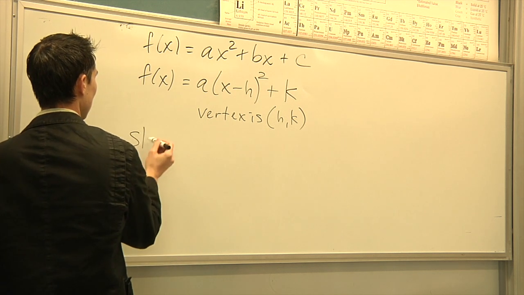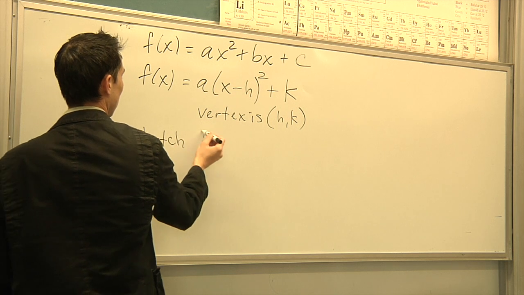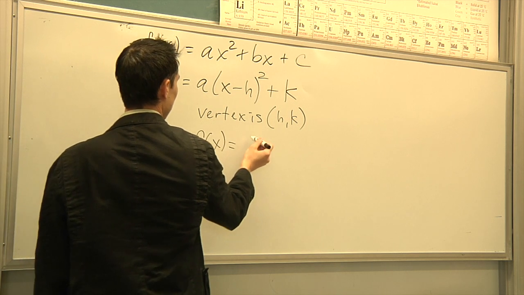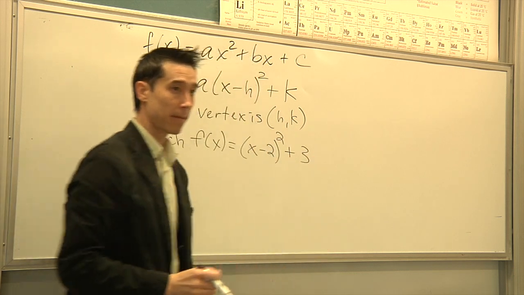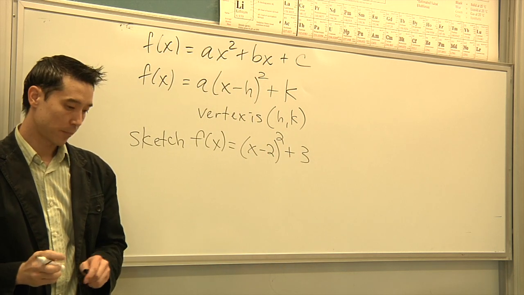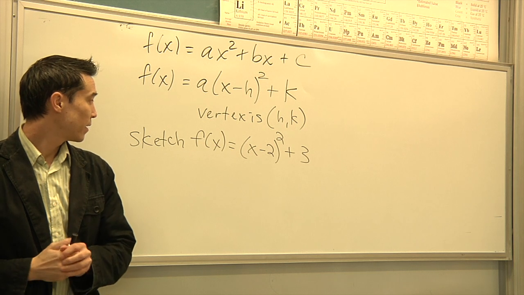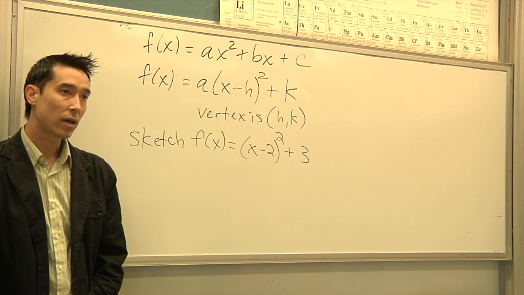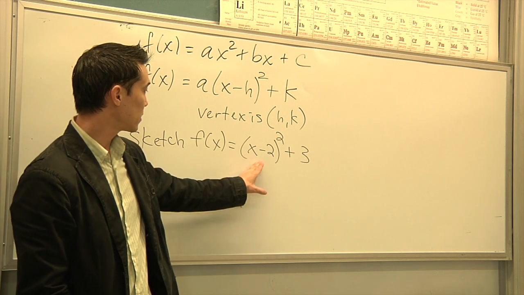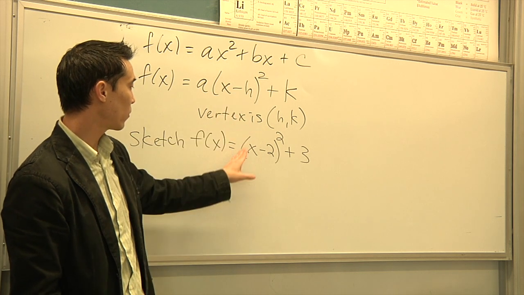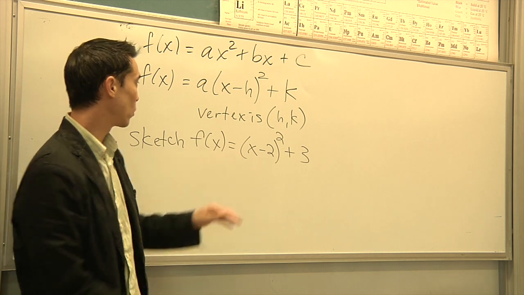Let's do an example. Sketch f of x equals (x minus 2) squared plus 3. Okay? So let's take a look at this example. I'm asked to sketch the graph. So first thing to notice is it's exactly in this form here. Okay, what is a in this example problem? 1.